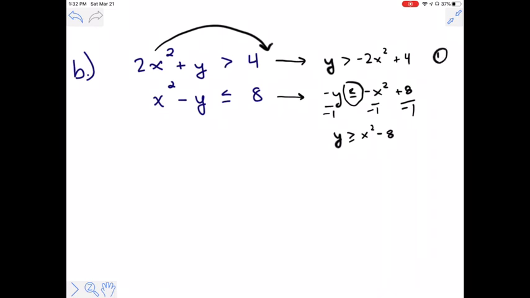So those are going to be my two graphs. Graph number 1 is a parabola that's moved 4 units up, but because of that minus sign, it's flipped upside down. So my vertex is 0, 4.